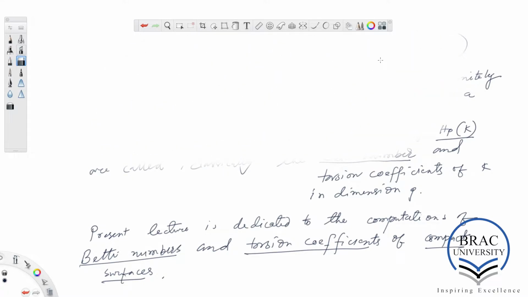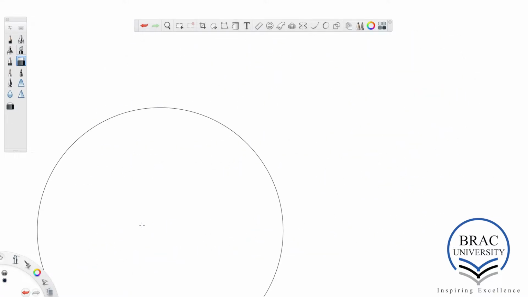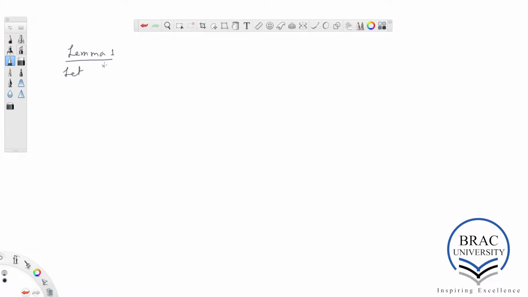So we begin our first lecture with Lemma 1, which will turn out very useful in computation of homology groups of the underlying compact surfaces. Let L be the complex shown in the figure below.